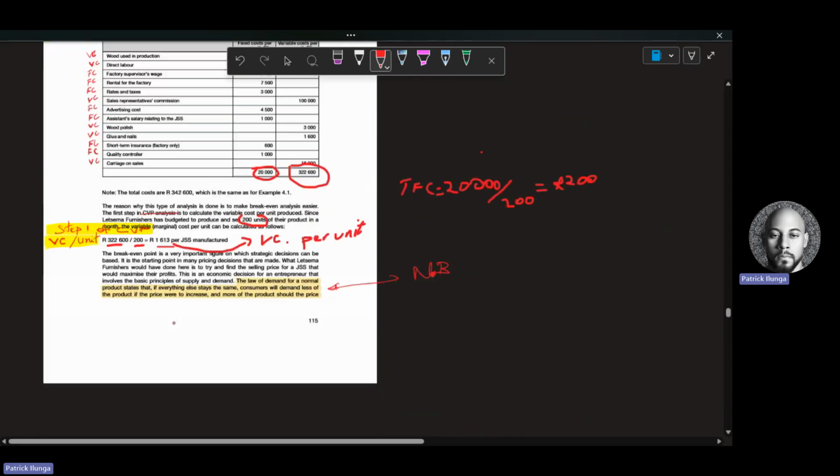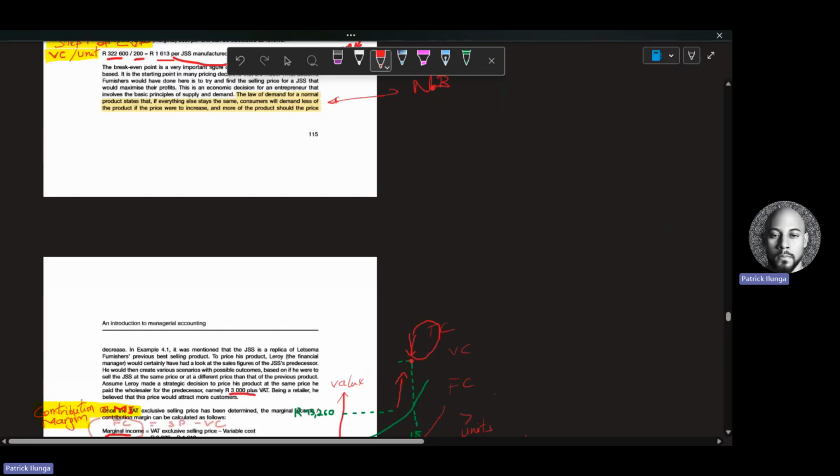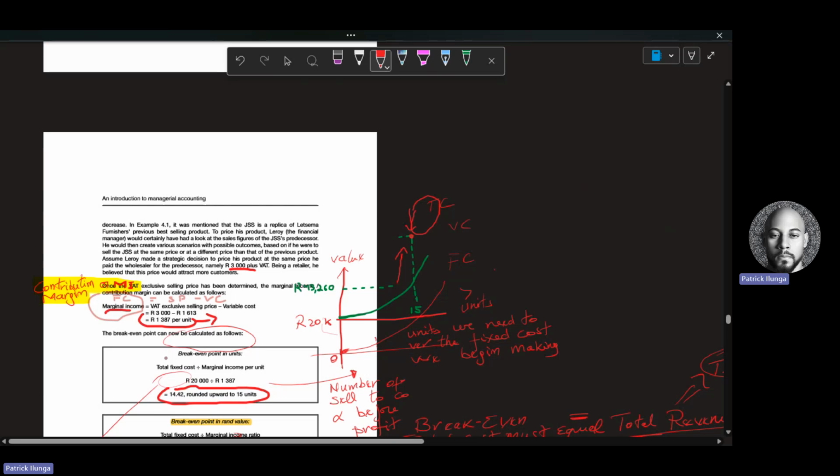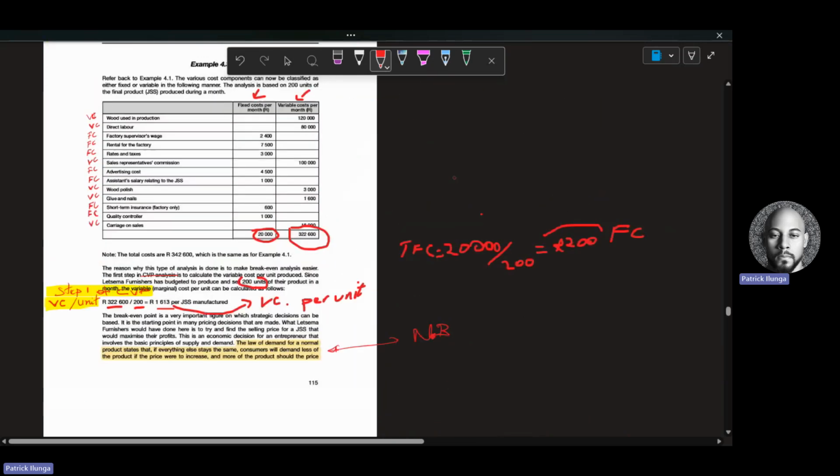What did we say about the marginal income? The marginal income must cover the fixed cost. As you can see, the marginal income here is greater, right? The marginal income of 1,387 is greater than the 200. It's greater. So it's covering it.